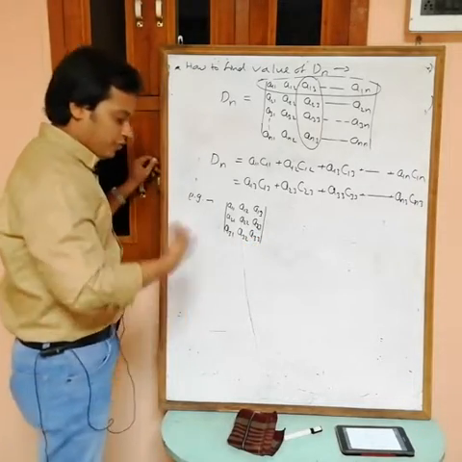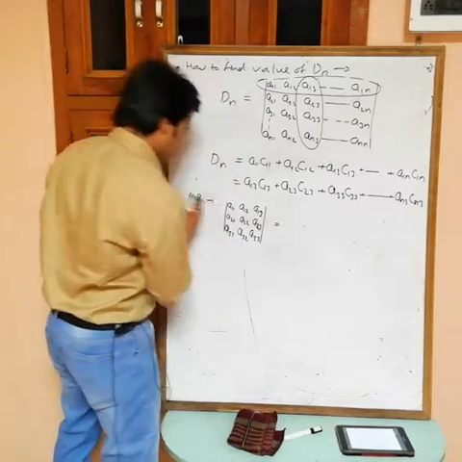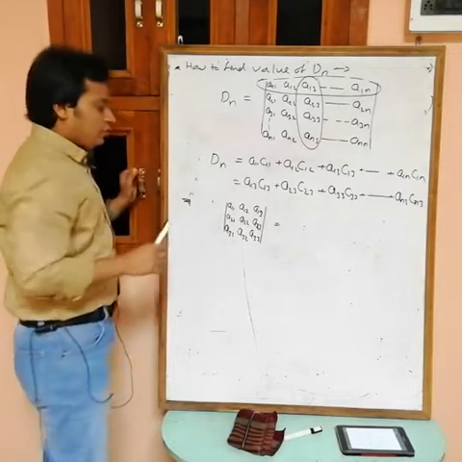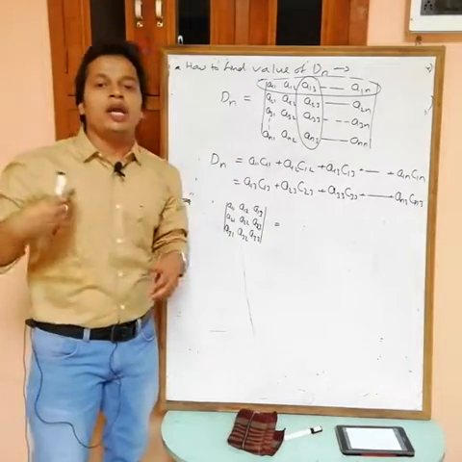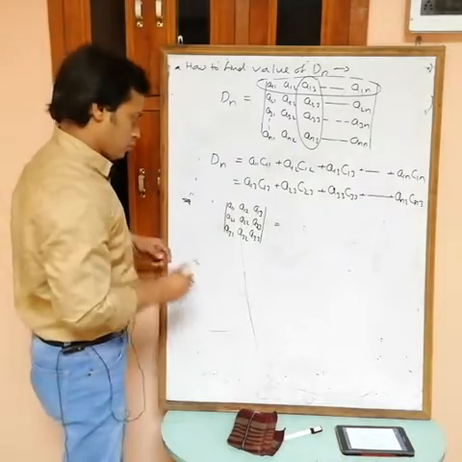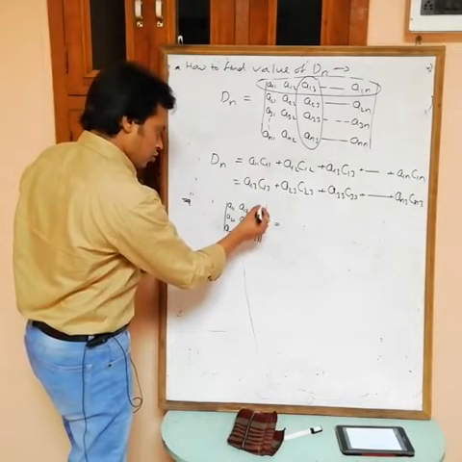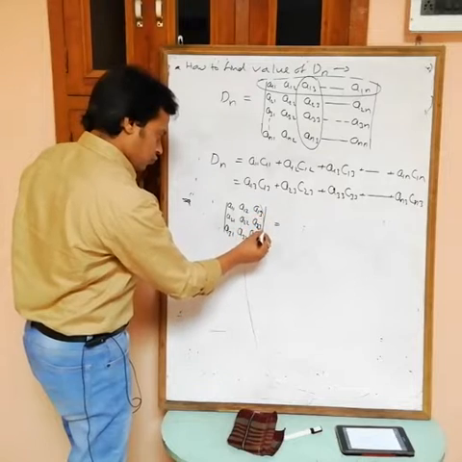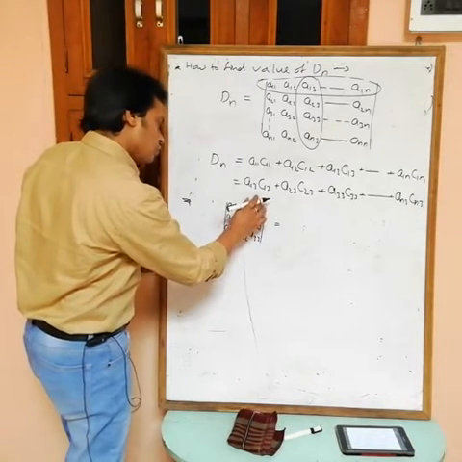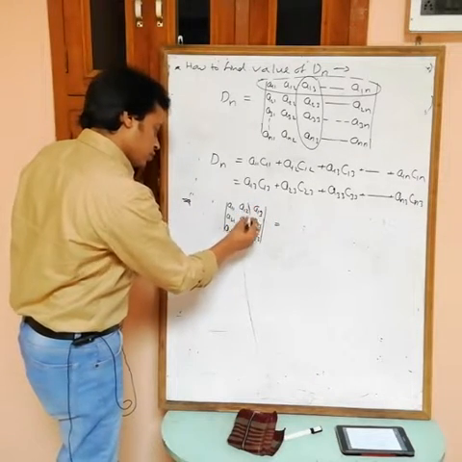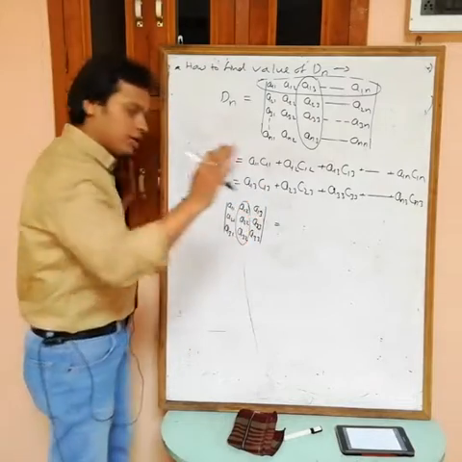Now find the value of this one. To find the value of this determinant, choose any one row or any one column. Suppose I am selecting the second column.